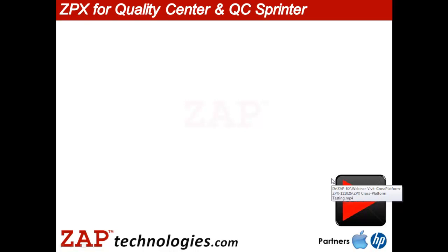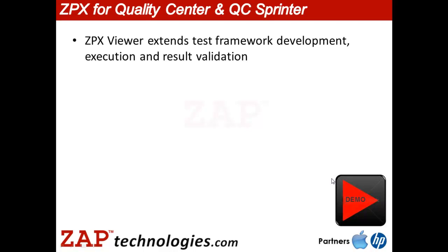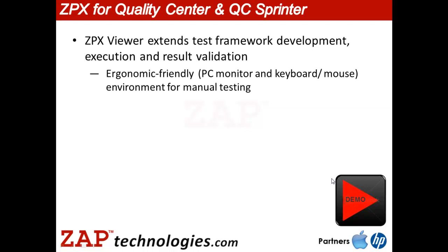Now I want to go over the key points of using ZAP-FIX for Quality Center and Sprinter. ZAP-FIX Viewer extends test framework development, execution, and result validation. We offer an ergonomic-friendly environment using the PC, keyboard, mouse, and monitor to do manual testing of real devices located in the cloud.